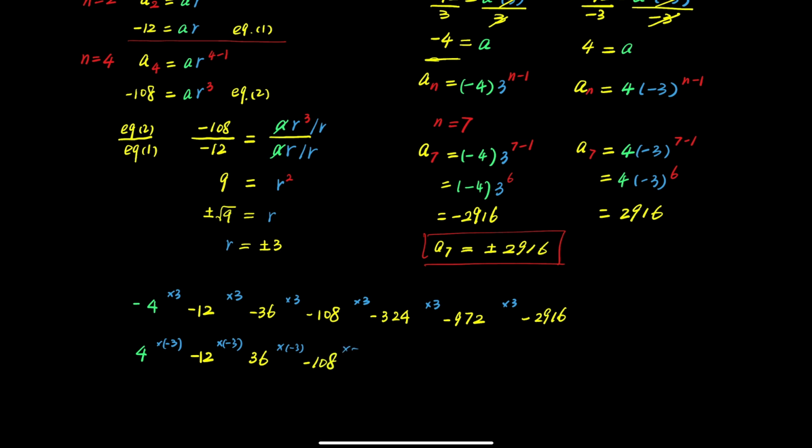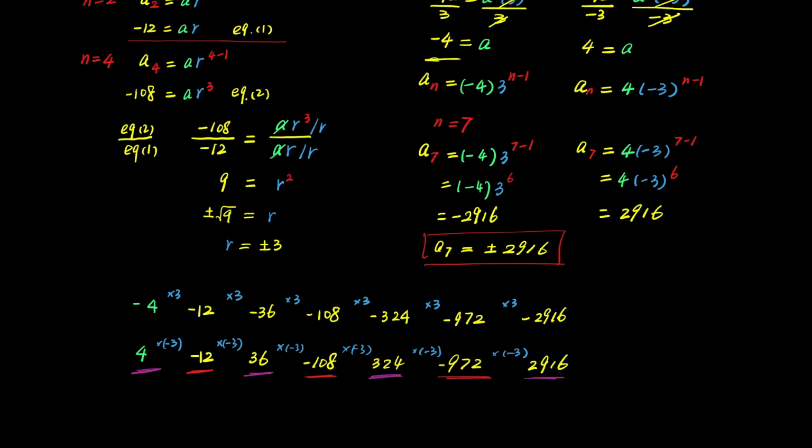The fifth term is positive 324. The sixth term is negative 972. And the seventh term will be positive 2916. In this case, you can see that the successive terms alternate in sign. The even number terms are negative, and the odd terms are positive.